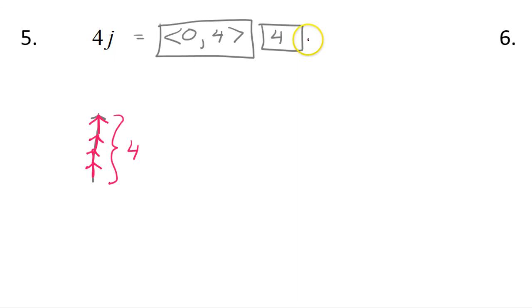Now the direction. Again, because the picture is so simple, the direction, we don't need to use inverse trigonometry or anything like that. We're dealing with a vertical vector of magnitude 4. So the direction measured from the positive x-axis is obviously going to be 90 degrees.